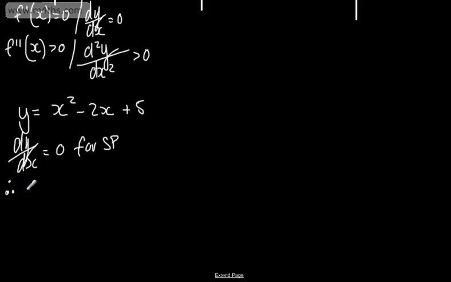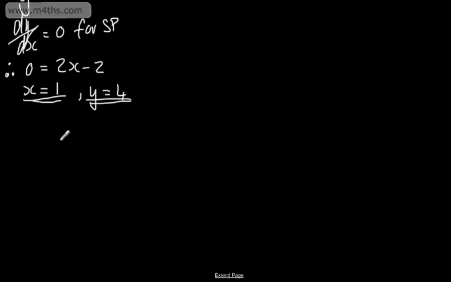Therefore, 0 is going to be equal to 2x minus 2. So we can see the x-coordinate of the stationary point is 1. To find the y-coordinate, we simply substitute in. So that'll be 1 minus 2 plus 5, so y is going to be equal to 4. So the stationary point has the coordinates 1, 4.